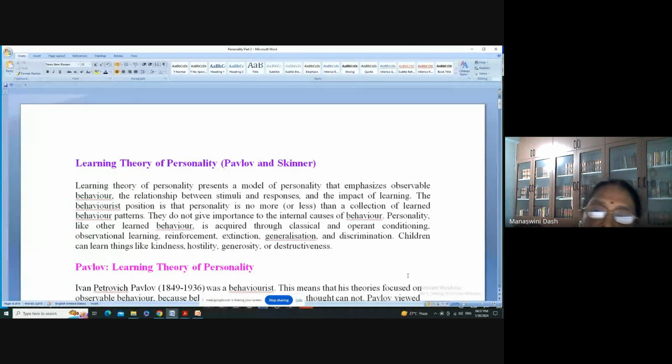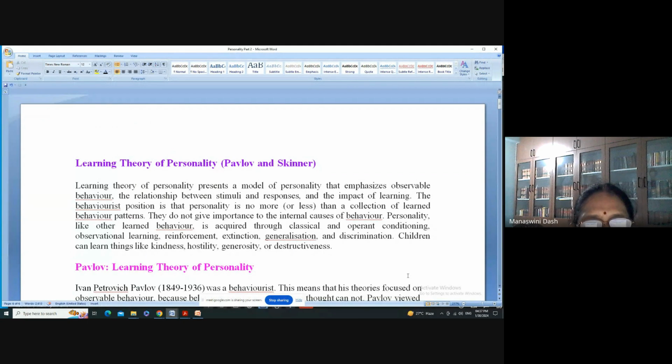They emphasize observable behavior. The relationship between stimulus and response, and the impact of learning the association between stimulus and response are given emphasis.